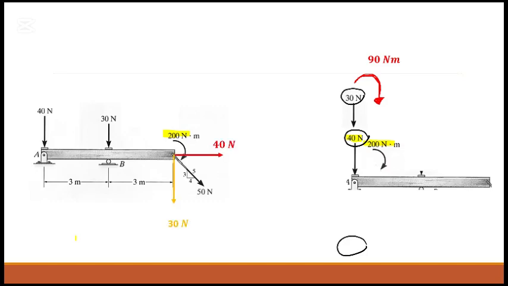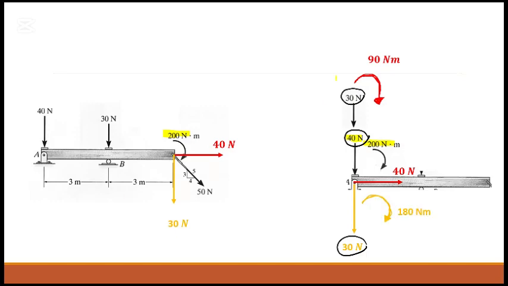So 3, 4, 5, 30 and 40. 40 is a sliding vector, so we can just bring it. The 30, we can bring with a moment of 30 times 6, isn't it? Yep. So 30 times 6 is 180.